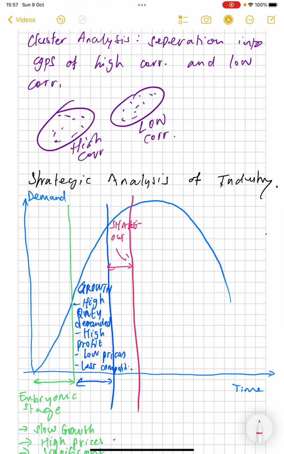I have slowing growth, intense competition, and less profit. It's a decelerating, an increasing curve which is at a decreasing pace.